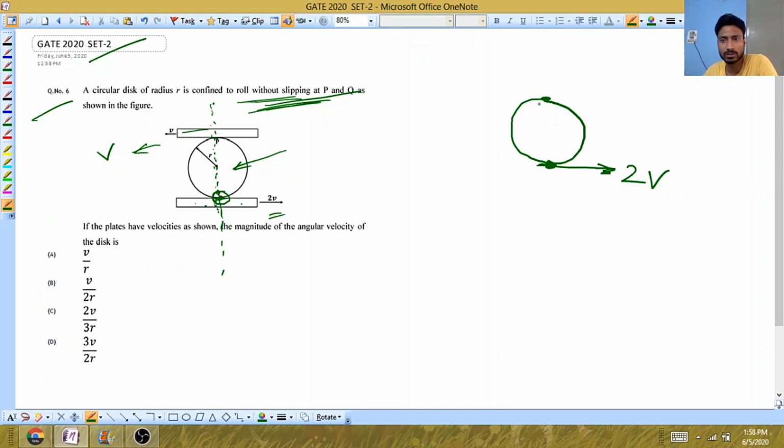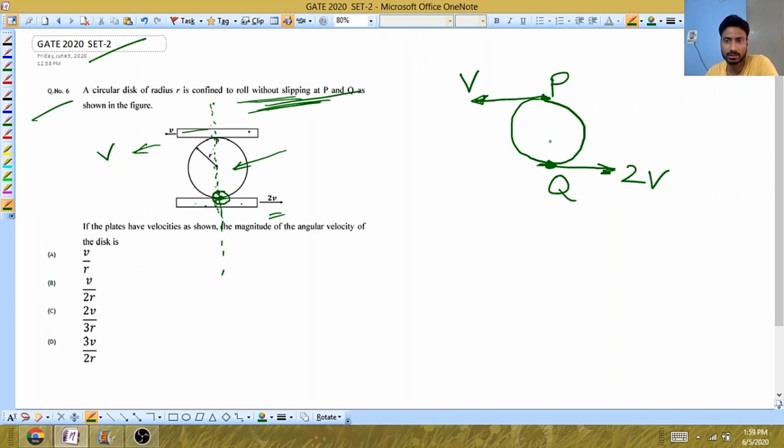No slip condition, I think you have studied in fluid mechanics during boundary layer and all. So since this slab is having 2v, this point is also having 2v velocity. So I have placed 2v velocity of this point in this direction. And since this slab is having velocity of v in this way, this point will have a velocity of v in this direction.